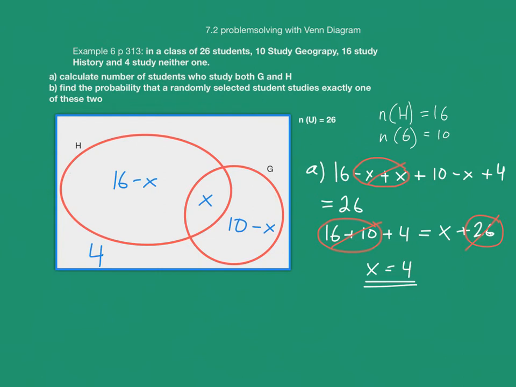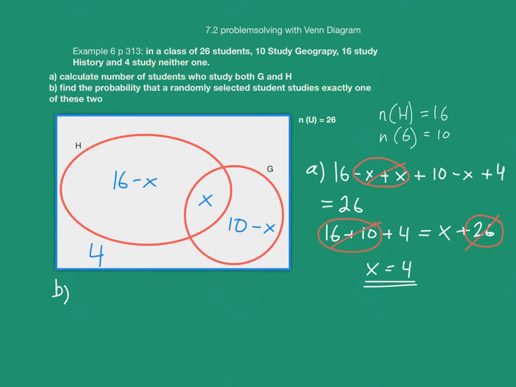Now the B question. B, we are to find the probability that a randomly selected student studies exactly one of these two. So one of these two. And we want to find the number of students in this area here. What is 16 minus x? And we want to find the number of students here, 10 minus x.